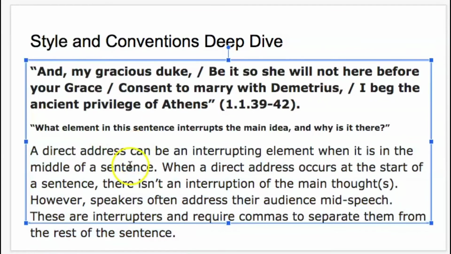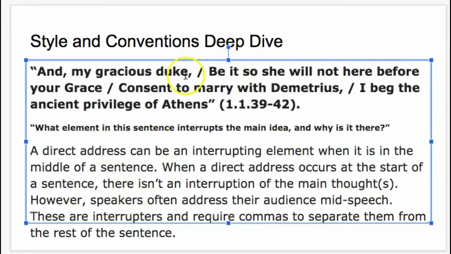A direct address can be an interrupting element when it is in the middle of a sentence. When a direct address occurs at the start of a sentence, there isn't an interruption of the main thought. However, the speaker is often addressing their audience mid-speech. These interrupters require commas to separate them from the rest of the sentence.